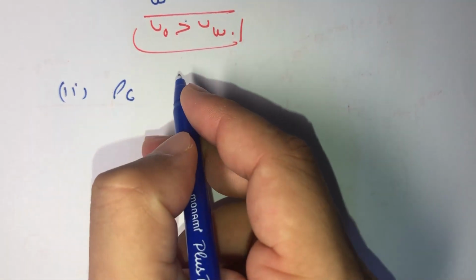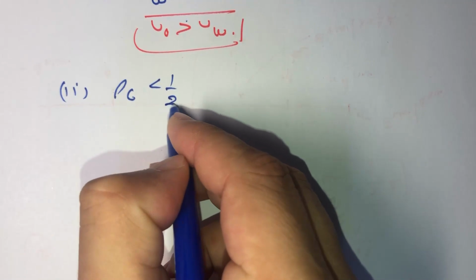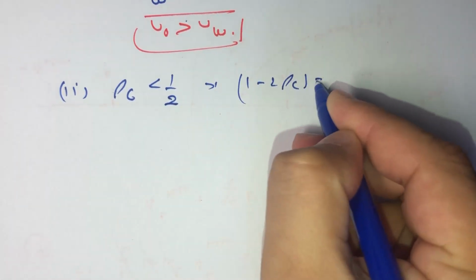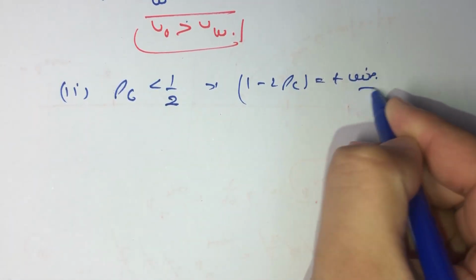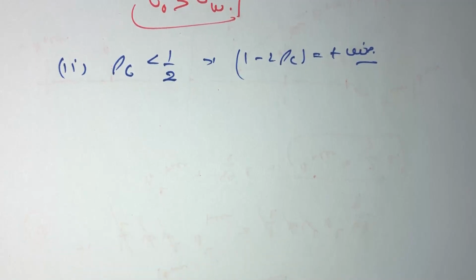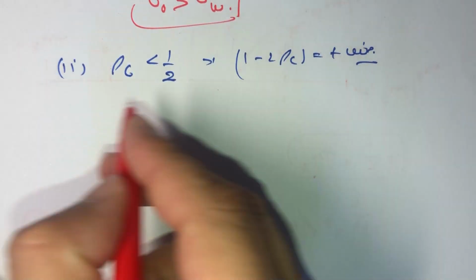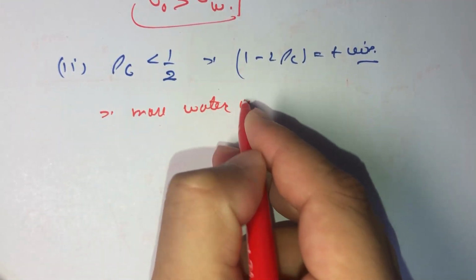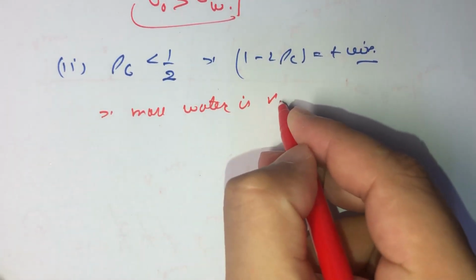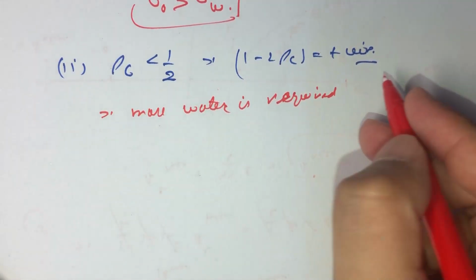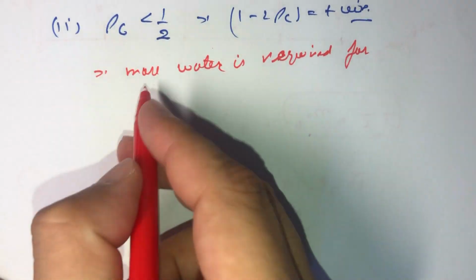if rho c is less than 1 by 2, we get 1 minus 2 rho c will be coming as positive. So if this is positive, now the reverse is going to happen, that more water will be required. So it means more water is required for the equilibrium.